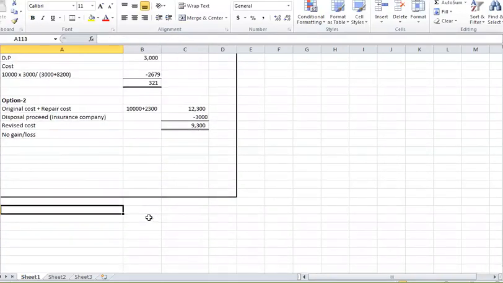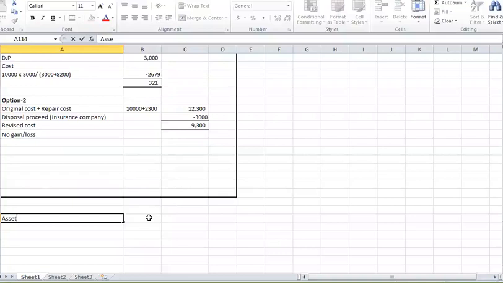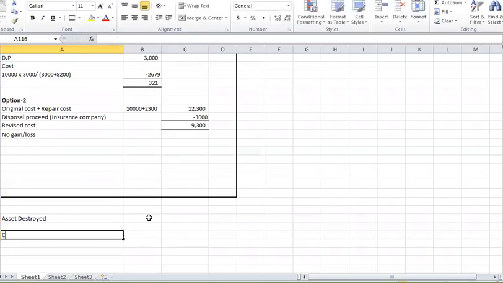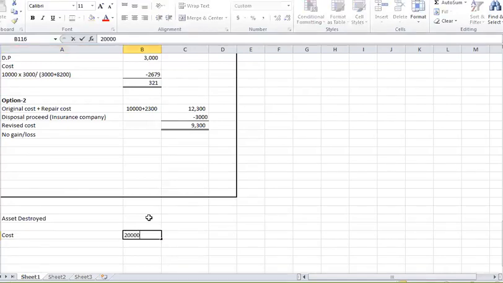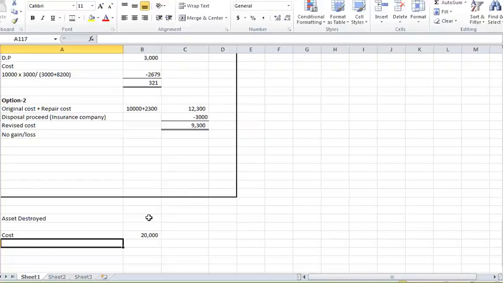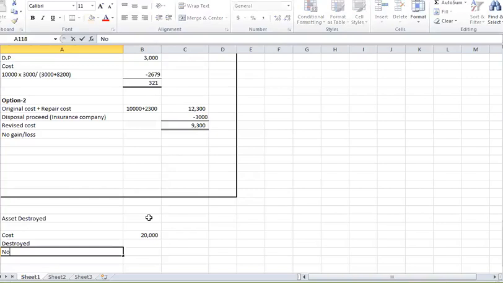For example, asset destroyed. We have purchased an asset, say the cost of the asset is £20,000. It was destroyed, and no insurance proceeds received.